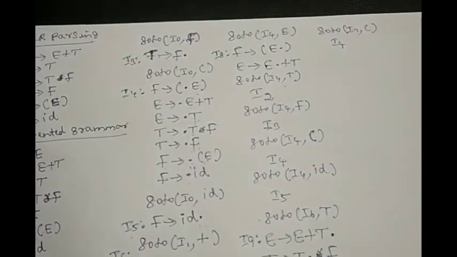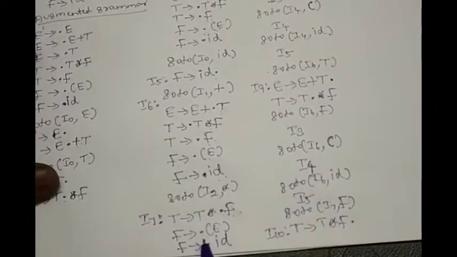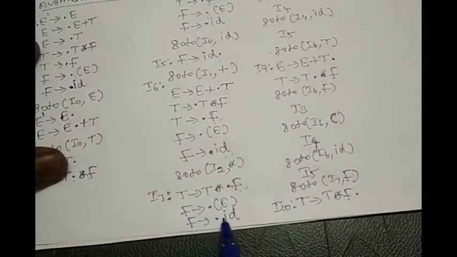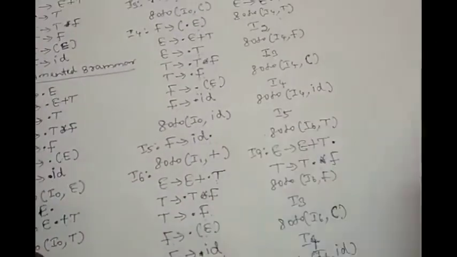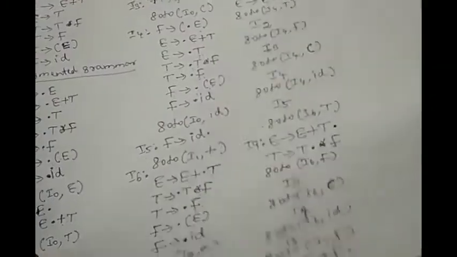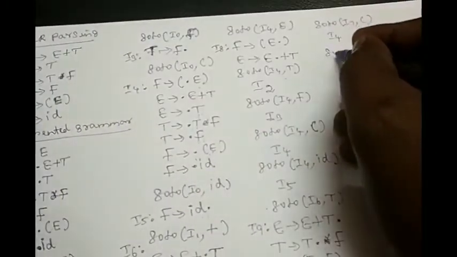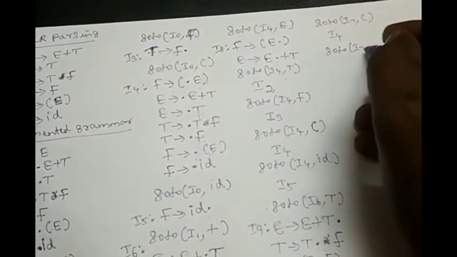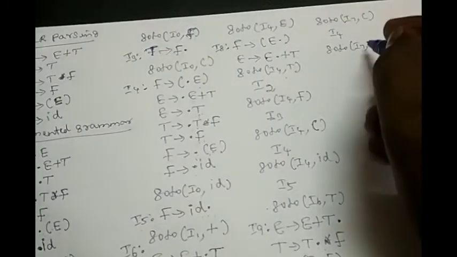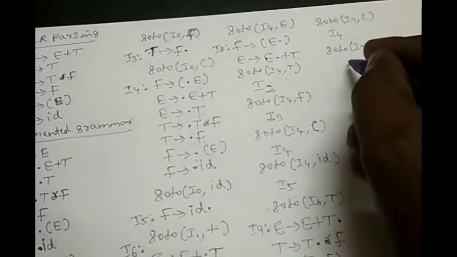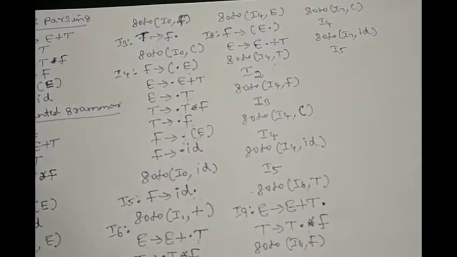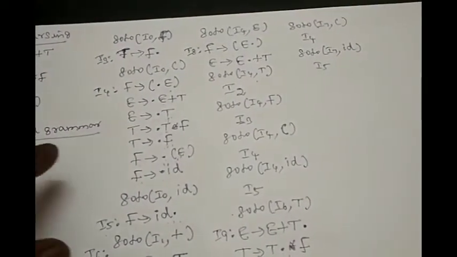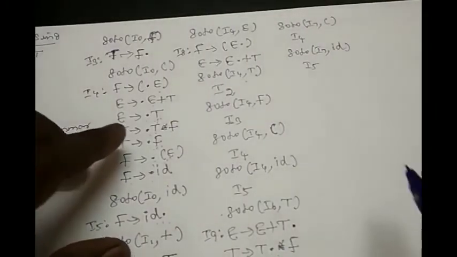And when I do F tends to dot ID in item set 7, you will get F tends to ID dot, which is already available in I5. So goto of item set 7 comma ID gives I5 here, the same item set repeatedly. I7 has been processed.